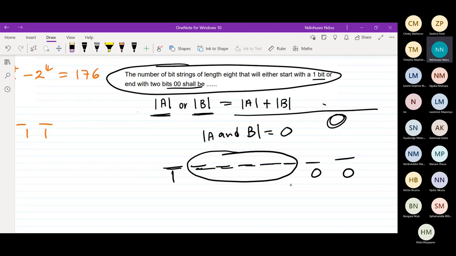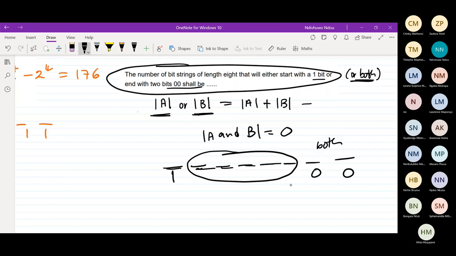If you argue that because they didn't put the words or both, then you are assuming this is 0. Can we prove mathematically that if we include the words or both, this will be 0? If it's still 0, we can agree to put 0 there. But if we do both, the answer we get is 2 exponent 4.